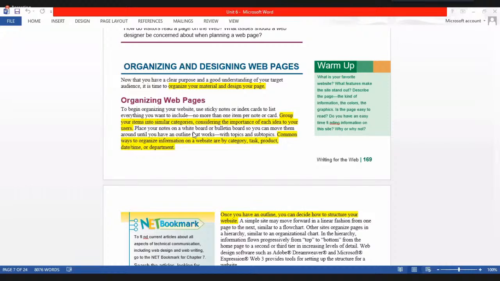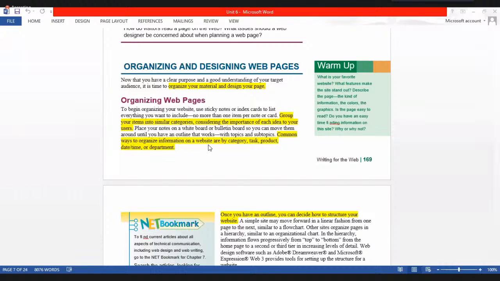This is given here: group your items into similar categories, right? Categorize the items, and according to category you use the material there, considering the importance of each idea to your users. Okay, then common ways to organize information on a website are by category, task, product, date, time, or department, isn't it?